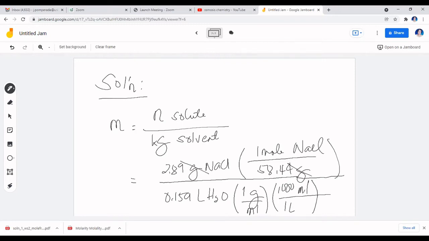Okay, so now I convert the liter. Next, convert the grams to kilograms. So I'll place here 1,000 grams to 1 kilogram. So now you will just cancel the 1,000, and you will cancel the grams here and the grams here, the ml here and the ml here, leaving you with the unit in the denominator, which is kilogram.